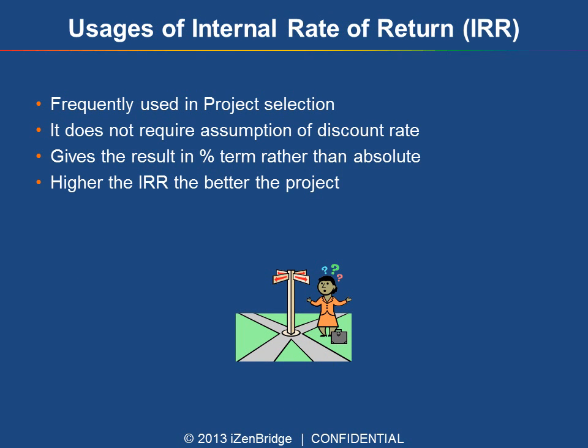Now, how do we use it? It is frequently used in project selection because it's a percentile term. Rather than giving you an absolute number, it tells at what rate a given project is returning. Now, the present value and net present value expect us to assume a discount rate. Assuming a discount rate itself is a big exercise, and the discount rate may vary from time to time.